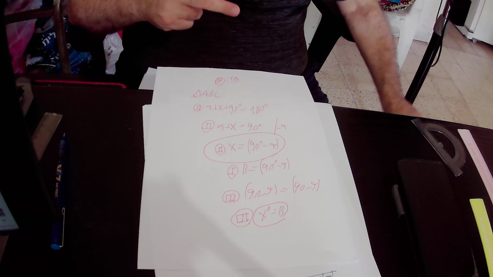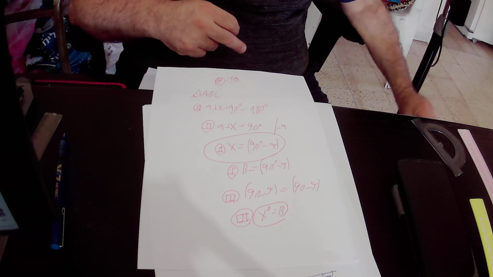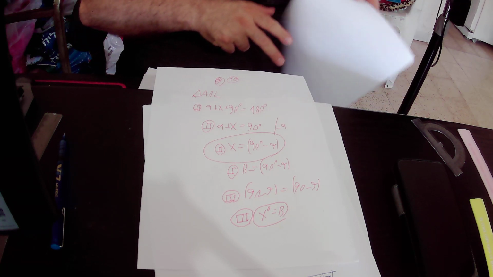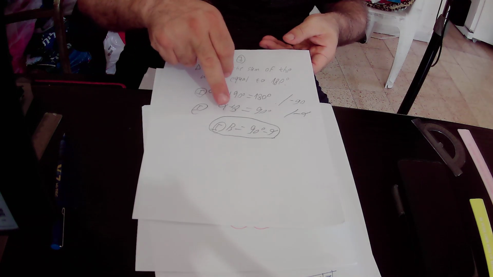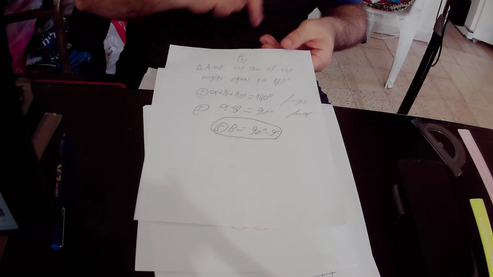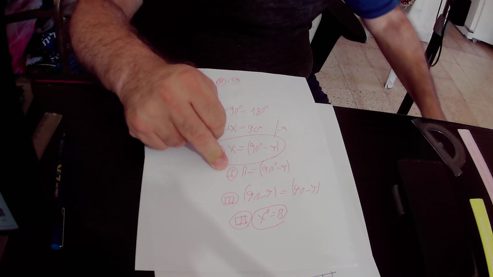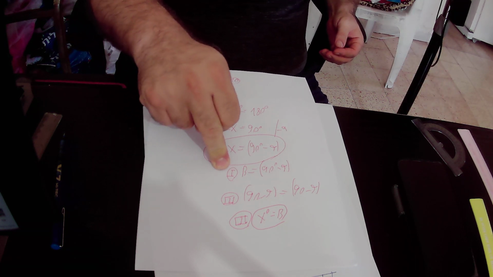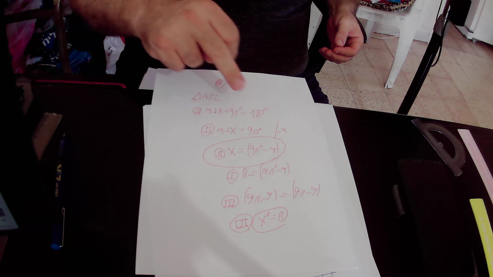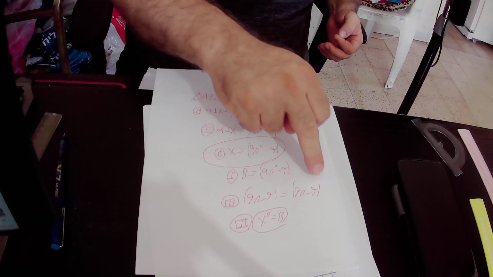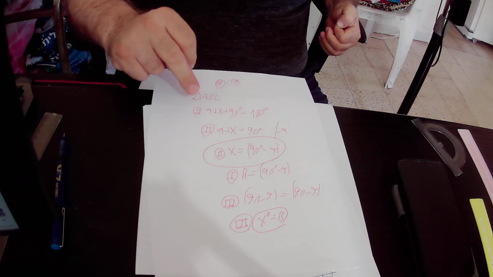But from equation number 1, we know that beta also equals 90 degrees minus alpha. So 90 degrees minus alpha equals 90 degrees minus alpha.